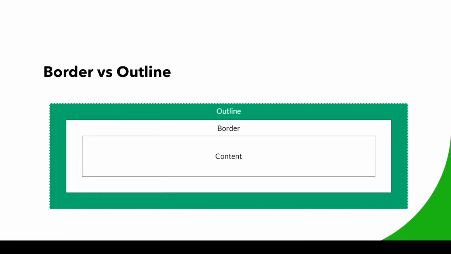If we define something like this, for example, 2px solid, it is an outline. Okay, solid red. Then this is our content. Or, if it is not red, for example, I use black.